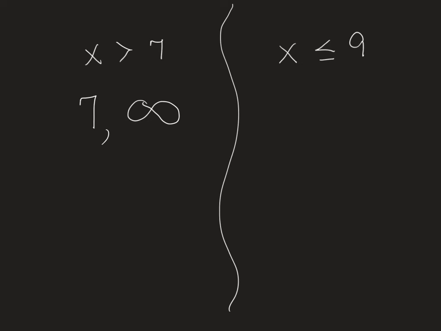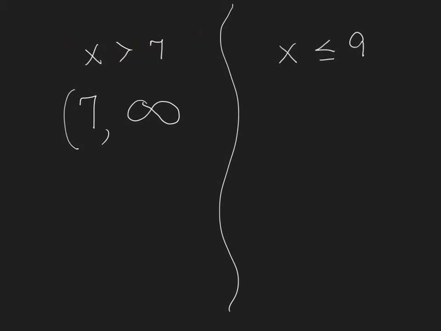Okay? And then we would go about putting our brackets and our parentheses in. So since there is a greater than sign here, we are going to use a parenthesis by 7. But notice how there's nothing to tell me what infinity is.